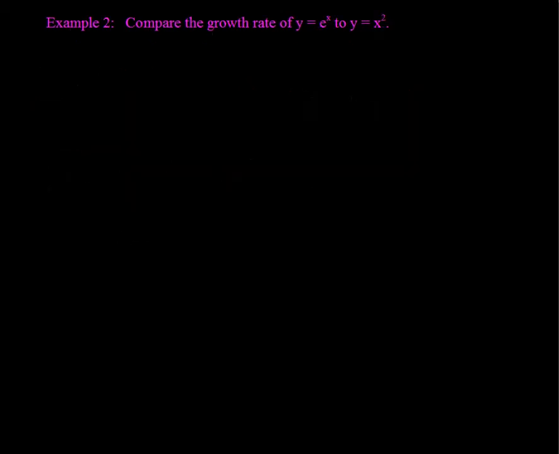Go to example 2. And we want to compare the growth rates of e to the x and x squared. Again, we just take the limit as x approaches infinity, let's put e to the x on the top and x squared on the bottom.